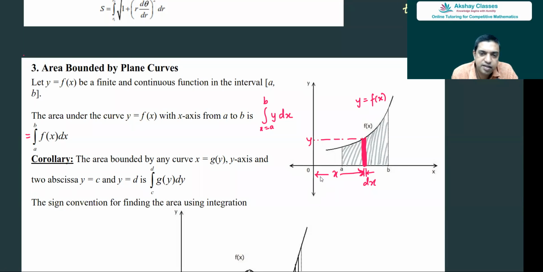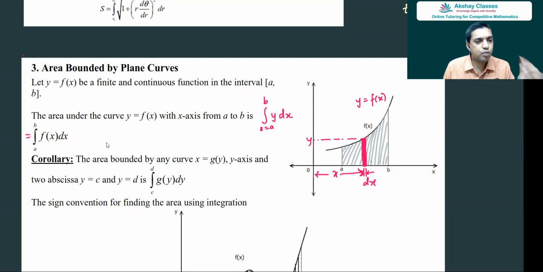Actually, I'm showing it as a thick strip, but it's a tiny strip. This is a very infinitesimal length dx. So dx is the width, height is y. So y times dx is the area of this colored rectangle. All such rectangles added up from x equal to a to x equal to b give us the area under the curve y equal to f of x from a to b.